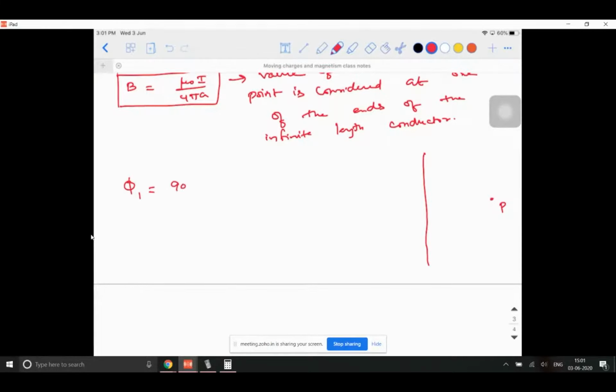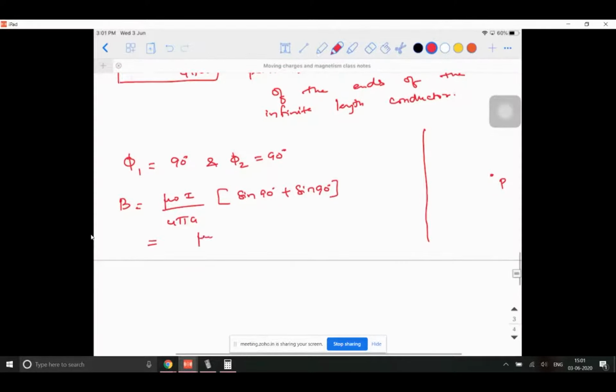That's it. So phi 1 will be 90, and phi 2 will also be 90. Very good. Then the value of B will be equal to mu naught I divided by 4 pi A. Remember this formula: sine phi 1 plus sine phi 2. Sine 90 plus sine 90 is going to be 2. So it will be mu naught I divided by 2 pi A. That is going to be the value of B.